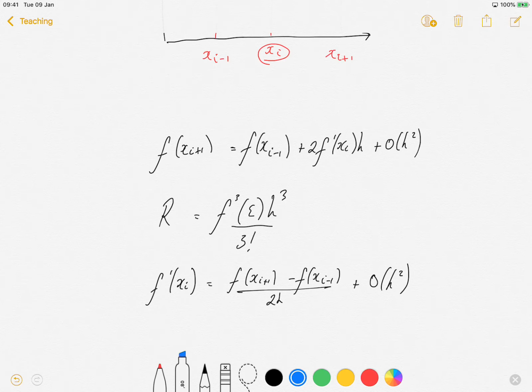So the difference between the forward and the backward method gives us that f at xi plus 1 is equal to f of xi minus 1 plus 2 times the derivative at xi plus an error of order proportional to h squared. Now, why does this happen?